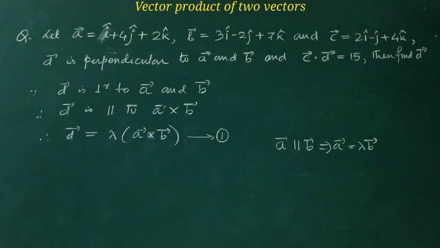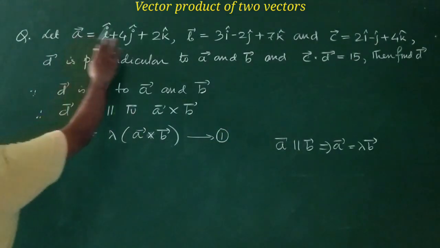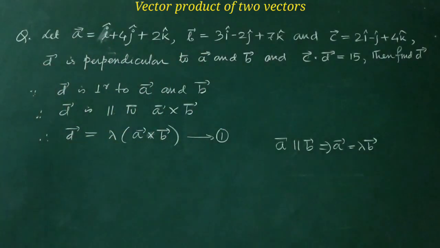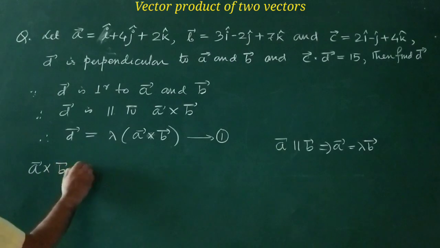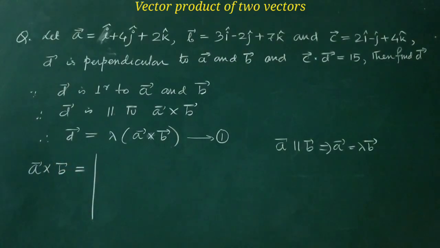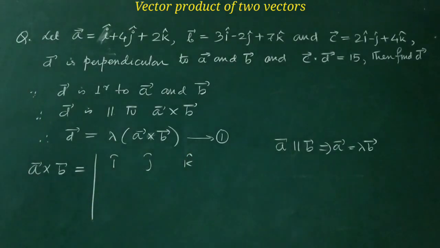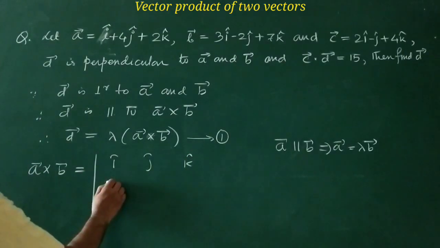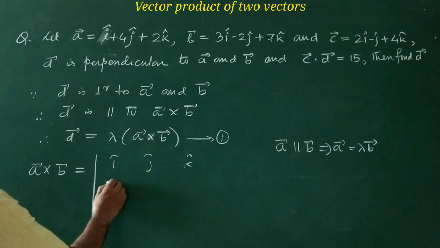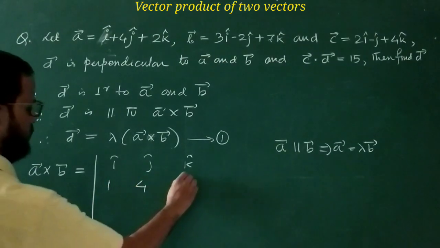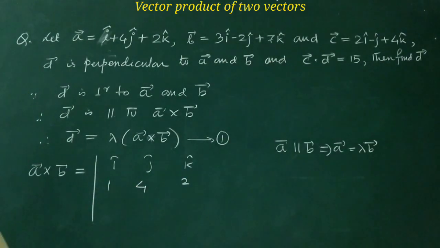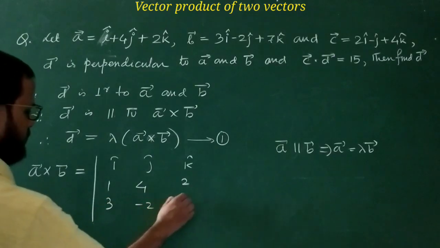Now A vector is given and B vector is given, so we can find A cross B. By the determinant rule, we take i cap, j cap, k cap, the components of A vector 1, 4, 2, and the components of B vector 3, minus 2, 7.